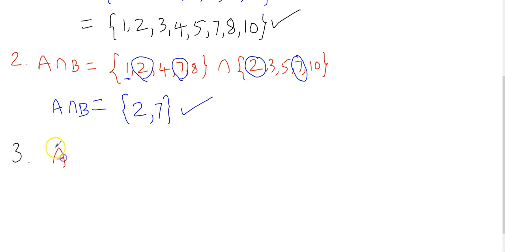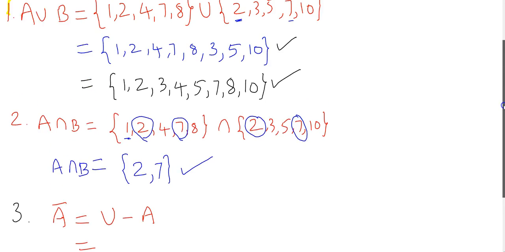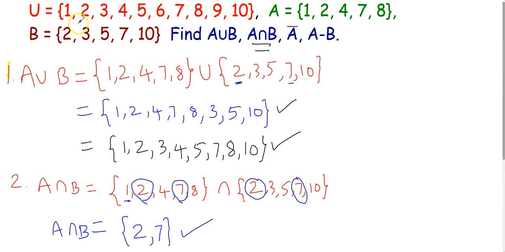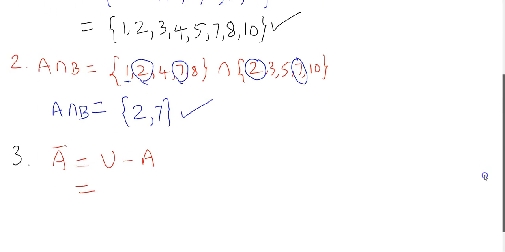So A complement, by definition, is all the elements of the universal set which are not present in A. So universal set, take away the set A. Now, what do you have in the universal set? It contains 1, 2, 3 all the way up to 10. I have to write those. And A contains 1, 2, 4, 7, 8.